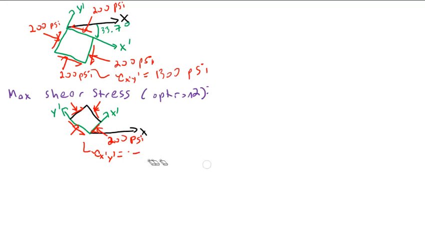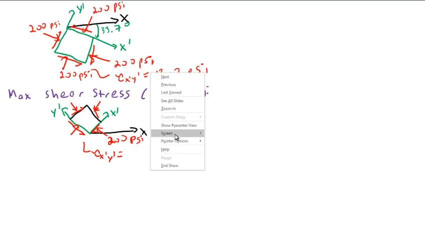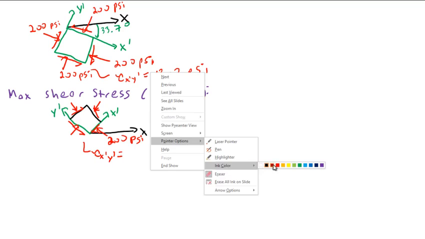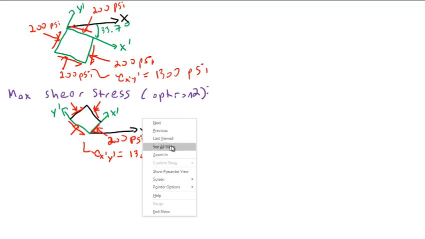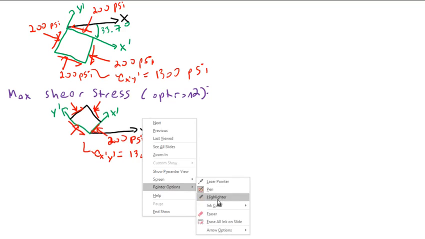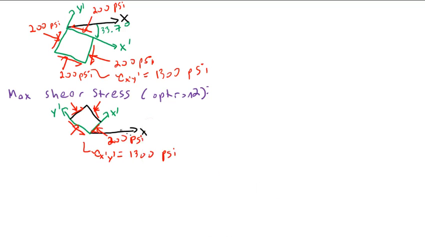It's negative 1300, but it's already drawn as negative, so I'm not going to redraw that or call it negative again. 1300 psi. And the angle of rotation of this, oh my gosh, that is a very bad square. Oh well, it's squarish, sort of. 56.3 degrees.